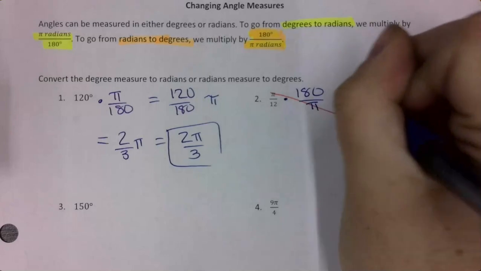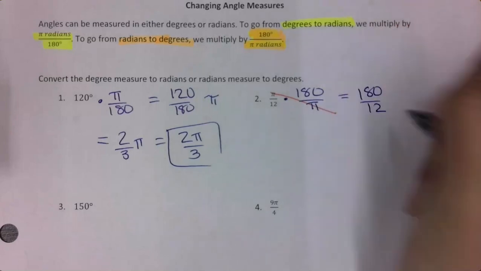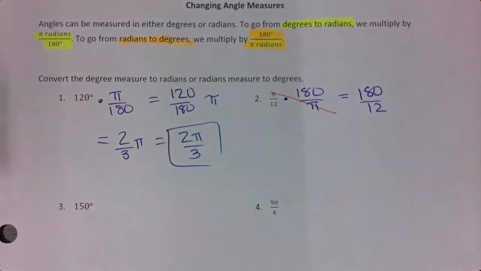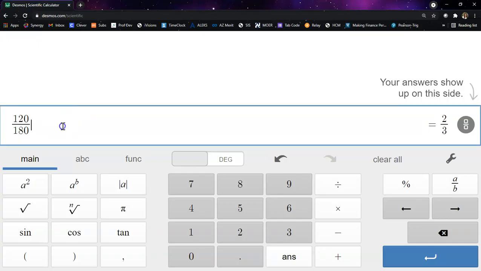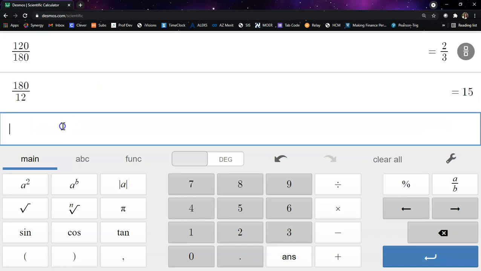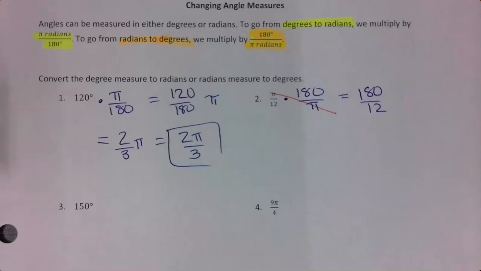So then I just have 180 divided by 12. Then I can go to Desmos and type this in to get my angle measure, which gets me 15. So my answer for number 2 is going to be 15 degrees.